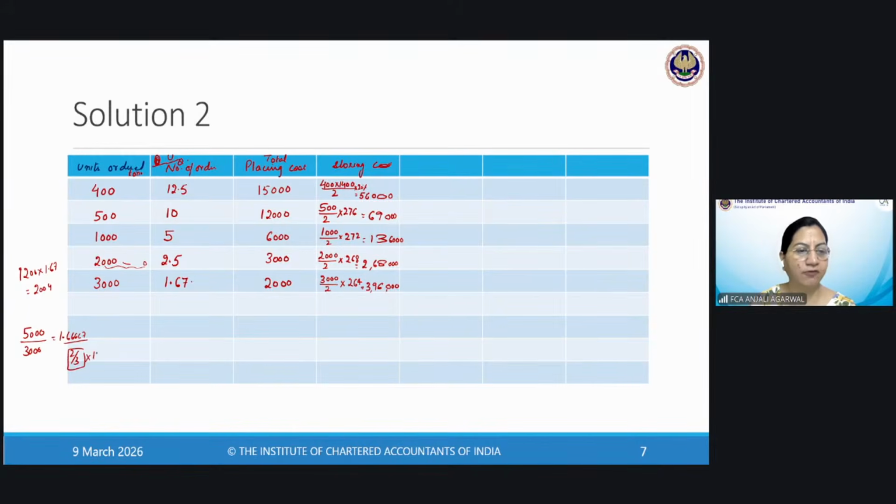So 2 by 3 of 1,200 is 800, plus 1,200. So if you take it to the larger decimals, you will get an exact figure of 2000. You are getting 2004 just because of rounding off. So you can write 1.67 approximately, and this figure will be exactly 2000. If you solve in your calculators 5,000 divided by 3,000 into 1,200, you will get 2000.